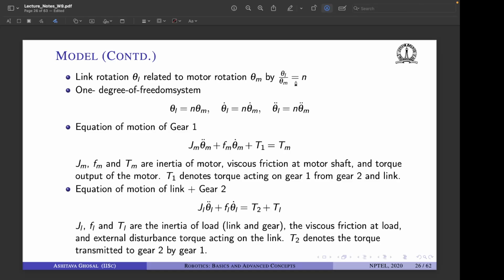So here we have the first relation, that the rotation of the link is related to the rotation of the motor using the gear ratio, right? So the gear ratio relates the rotation of the link and the rotation of the motor. What we are actually going to control is the motor, and in turn the link attached to the motor will be controlled. So here n is equal to, let's say, 1 by 10, or 1 by 8, something like that.